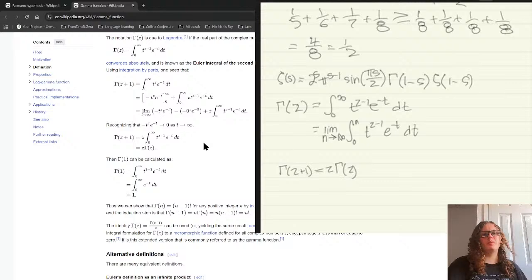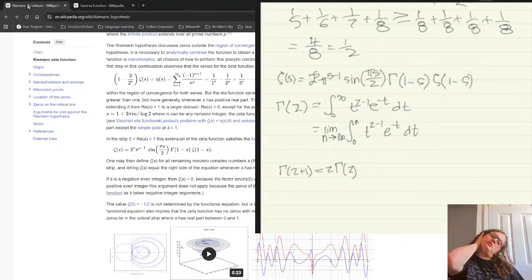So let's see, how does this help us? One thing that occurs to me is that zeta 0 can't exist, because there's a simple pole at s equals 1, and this functional equation is defined with zeta of 1 minus s.